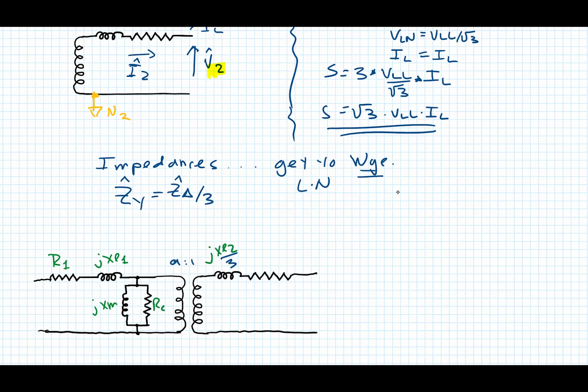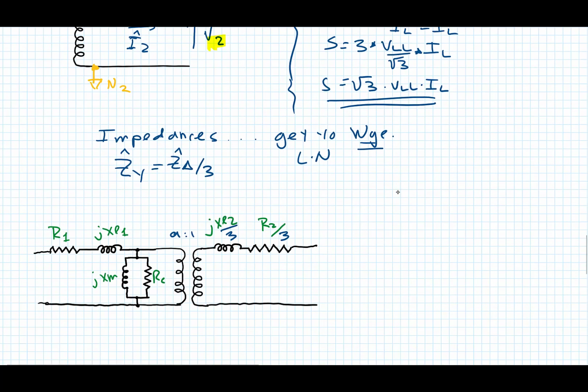And the same thing goes for the resistance R2. So any impedance of a delta has to be divided by 3 in order to get it into this equivalent Y. And we've got the N1 here, and we've got the N2 right here.